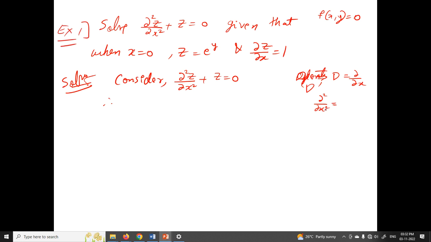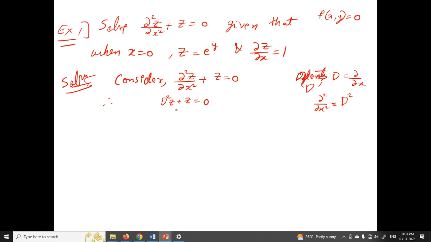See, if D = ∂/∂x, then what is ∂²/∂x²? Is it not D²? Yes? Oh, very good. So therefore I will write this now, D²z + z = 0.